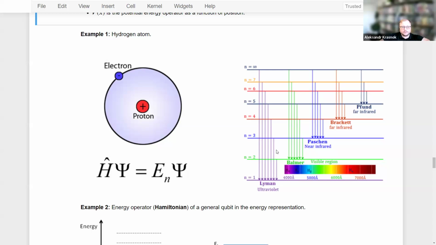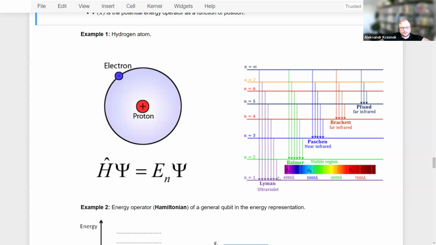Even for the simplest atom, the hydrogen atom, the solution is quite bulky, and the possible states of the electron are quite complex. But the solution is very well in agreement with the results of experiment.